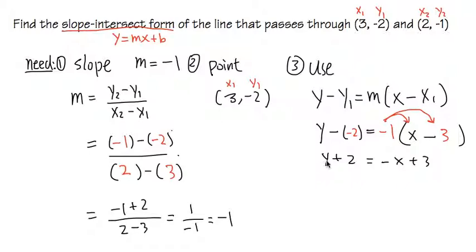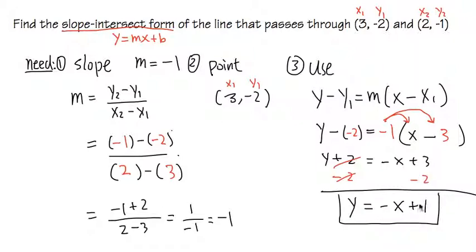So I have this right here is y plus 2, so I will have to subtract 2 on both sides, lining up with the number -2 right here. And finally, we have y isolated, that's equal to -x, and then we have 3 minus 2, which is going to be +1. And this is the answer in the slope intercept form. y is equal to mx plus b. This means you have to isolate the y, and this is it.